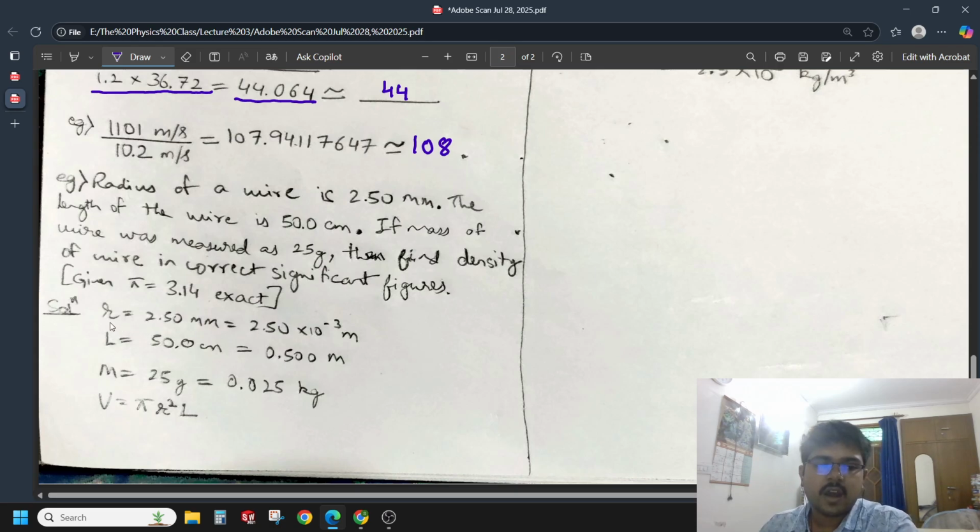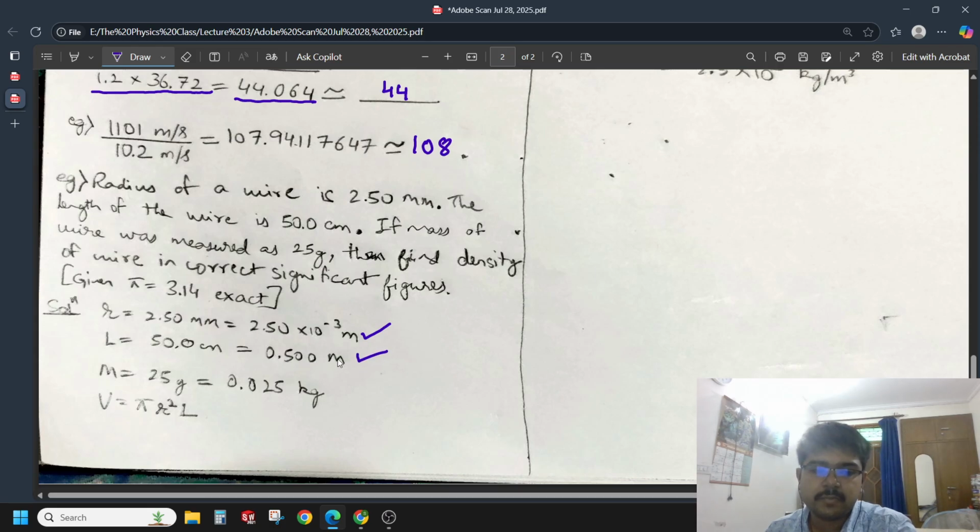So we are given r equal to 2.50 mm. First we will convert all the units into SI units. So it is 2.50 into 10 to the power minus 3 meters. Then we have L equals 50.0 centimeter. I'll write that as 0.500 meter.